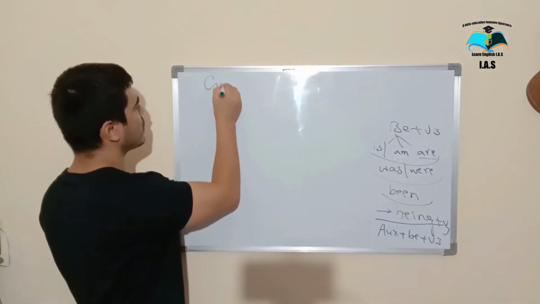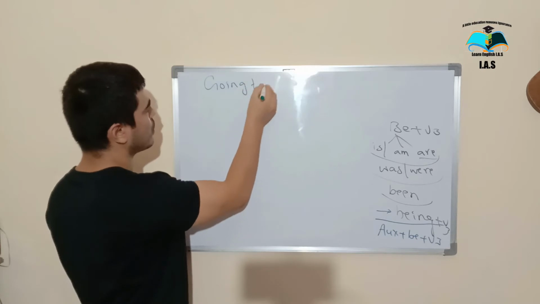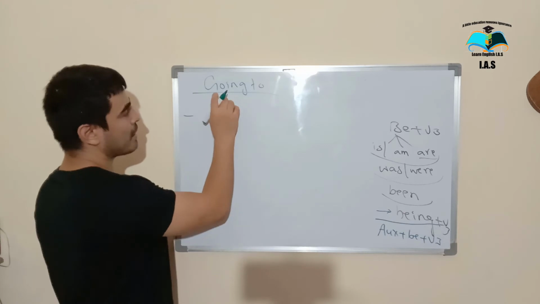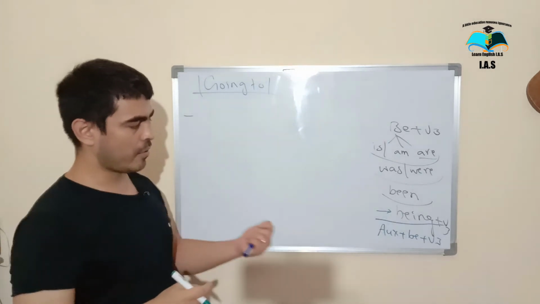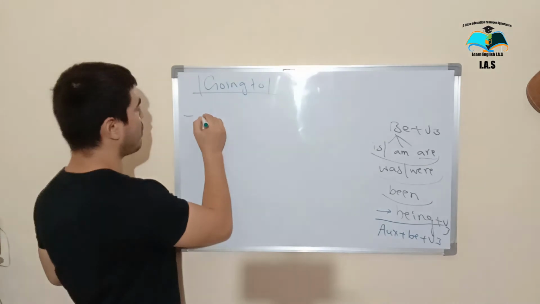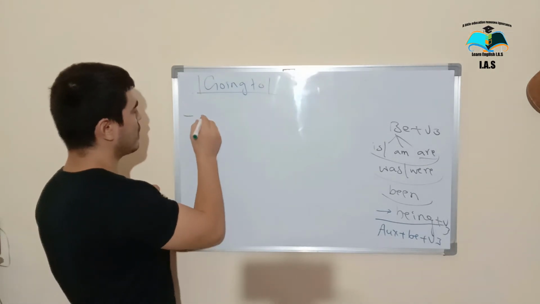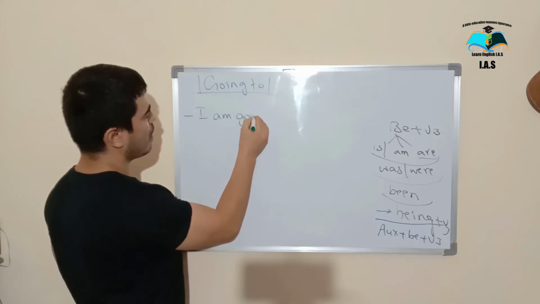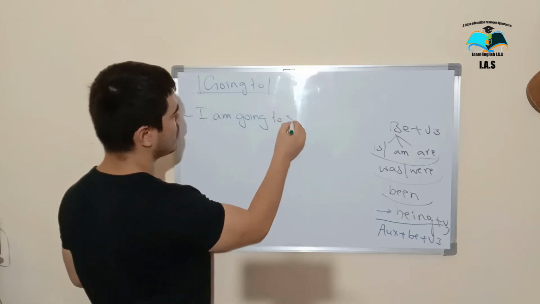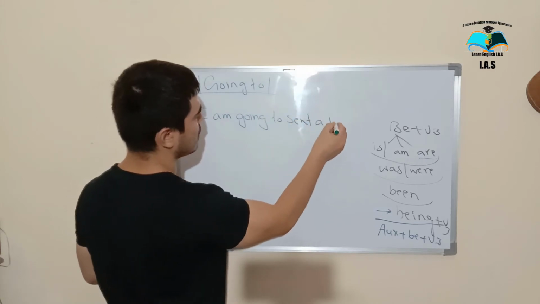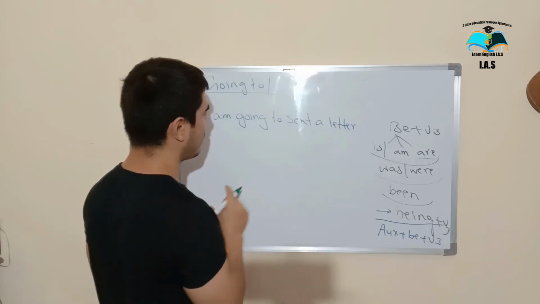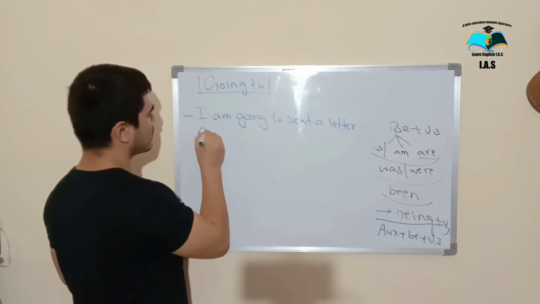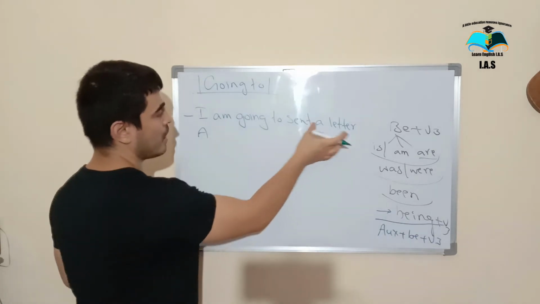Let's go with going to, right? Let's see an example. Remember that this going to is an auxiliary, or semi-auxiliary. I am going to send a letter, right? I'm going to send a letter. Now, how to change it to passive?